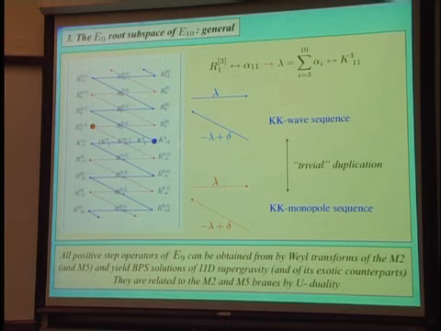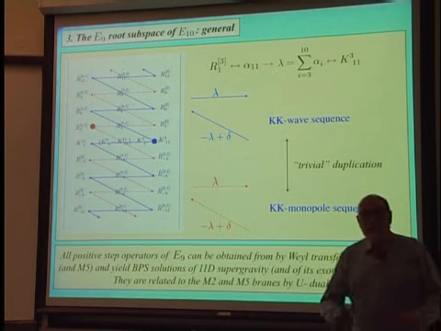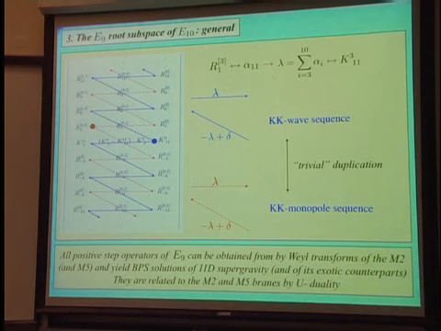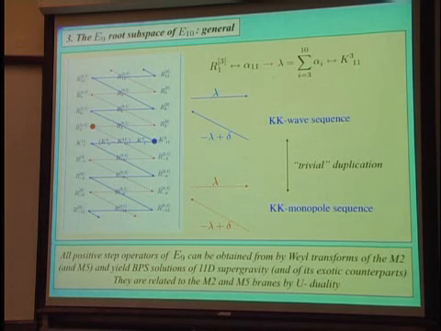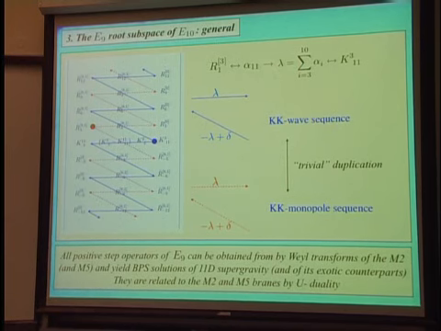But that is a redundancy, as we can prove, because it just corresponds to a change of coordinates, a switch of coordinate 3 and 9, let's say, or something like that. So, in fact, you go through all of them for a fixed set of indices, then you perform the Weyl transformation that changes the indices of E9 between itself, and then you get all the roots of E9, or more properly, all positive roots of E9.